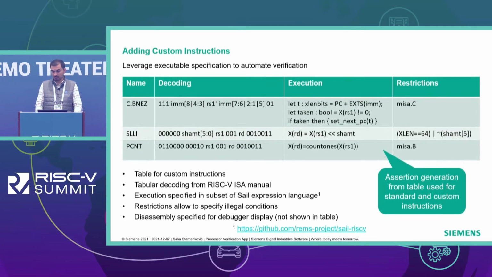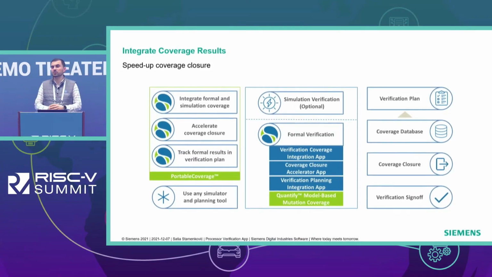Then I will talk a little bit about the functional coverage, but what you can do with this set of the instructions that you have verified. That's one of the unique capabilities because nobody really uses formal only, right? We use simulation as well. So what OneSpin has developed over the years is the integration with the coverage results across the board of all the simulators available.